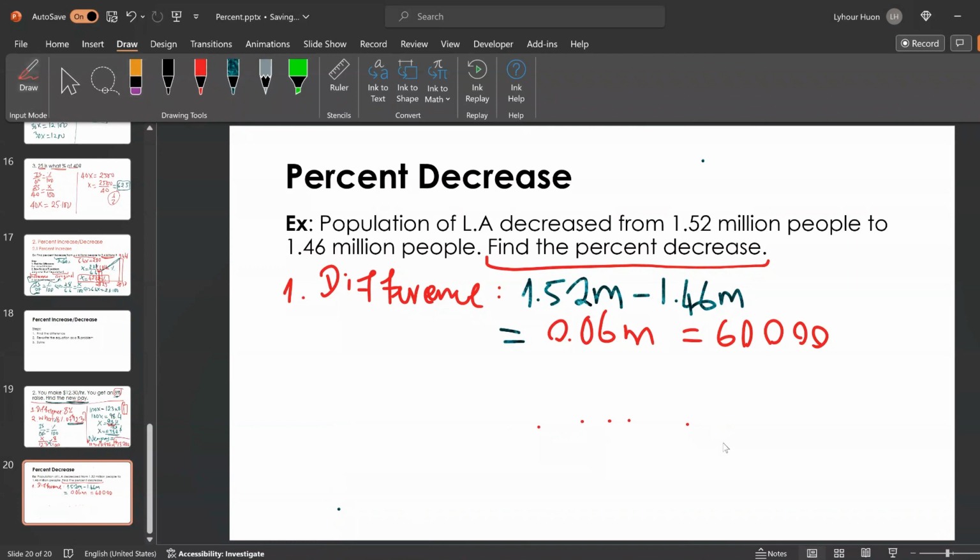Okay. We can find the difference by the normal number, like take this number minus this number.